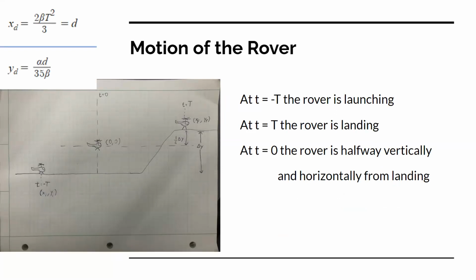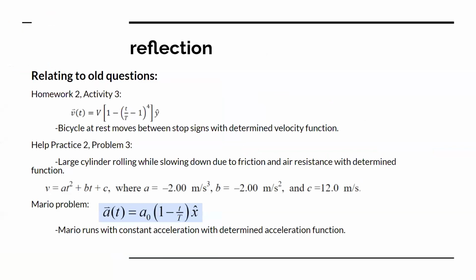Next slide. So for homework 2, activity 3, the important thing is it's asking for a distance in between the stop signs. And in this, we need to find the acceleration, velocity, and position functions as graphs, and it gives us constants of velocity and time, which change the end result when adjusted.